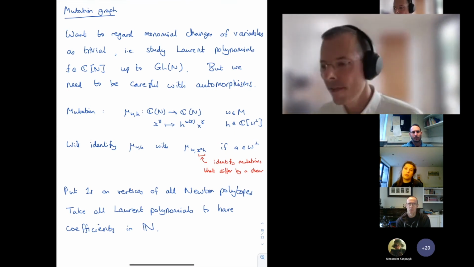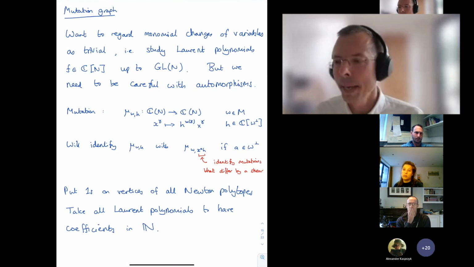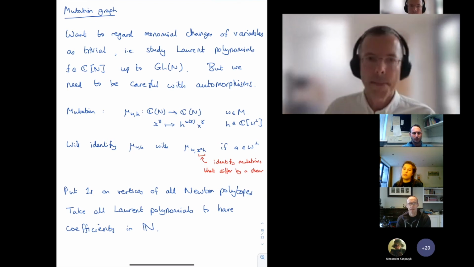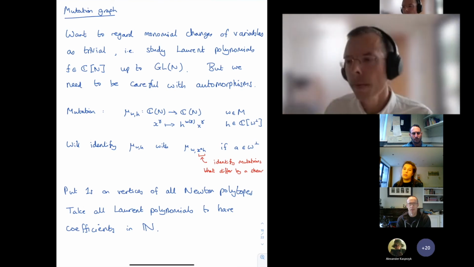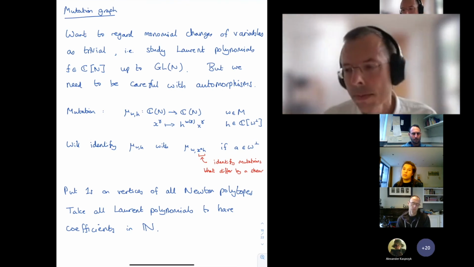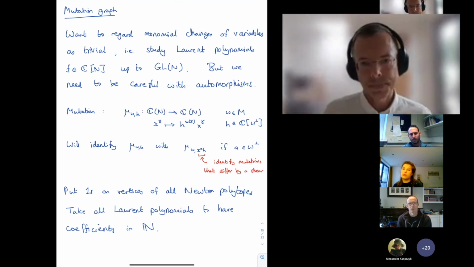The classical period is invariant under monomial changes of variables, and it's also invariant under these more complicated changes of variables. And we'd like to think of the monomial changes of variables as being trivial somehow. We'd like to mod out by them. But you need to be slightly careful when you do that, because some Laurent polynomials have automorphisms, are invariant under certain monomial changes of variables. So you need to keep track of automorphisms properly, otherwise things end up getting tangled up.